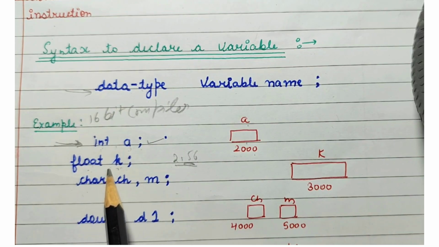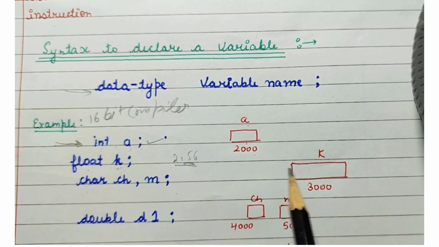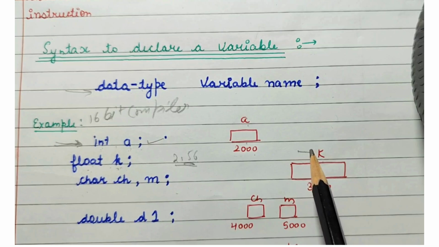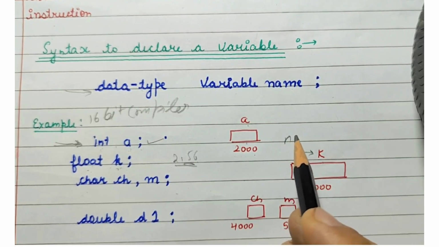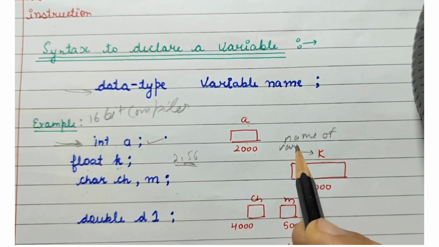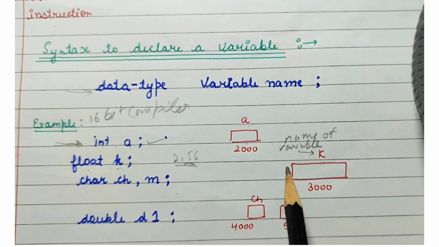So how much memory is allocated? For float data type 4 bytes memory is allocated in RAM for variable k. K is the name of the variable, and this is the memory space.